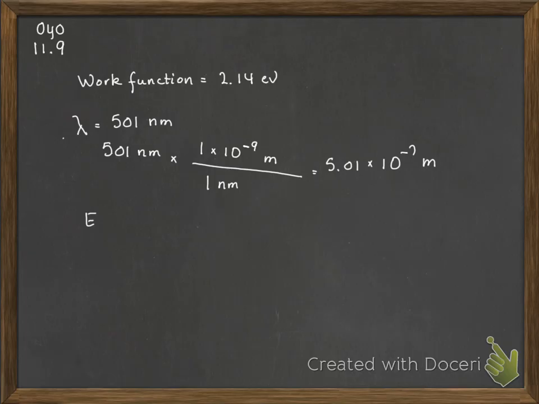Now we have our wavelength. So the energy that we're solving for is Planck's constant in terms of electron volts. Wait a minute, E equals HF.